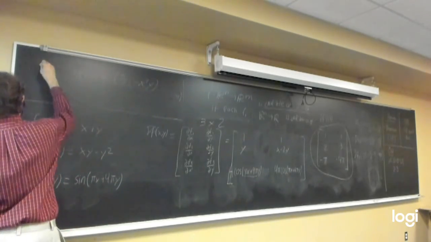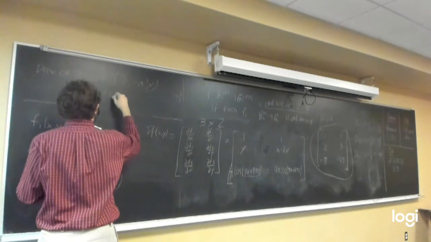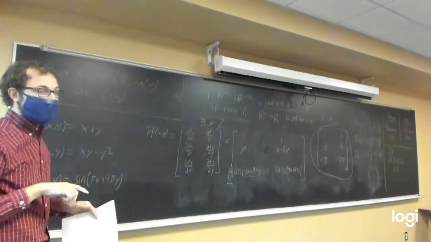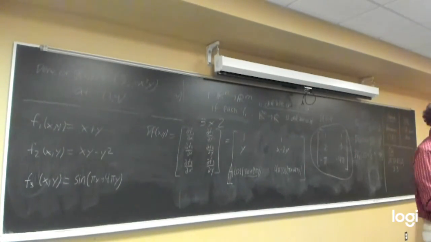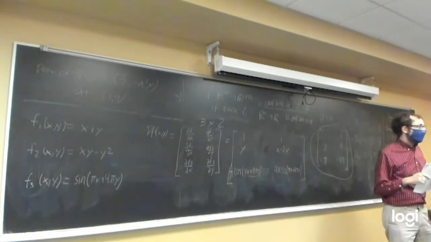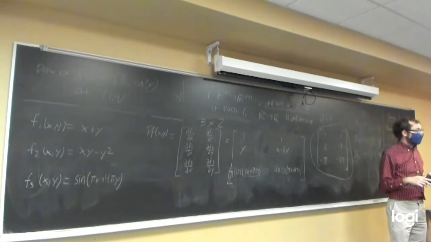And I want you to find the derivative of this function at the point 1, comma 4. Let's go ahead and take a couple minutes, see if you can find what the derivative matrix of this function is going to look like. And if you're stuck or you have any questions, you're welcome to talk to the people sitting nearby or to flag me down.